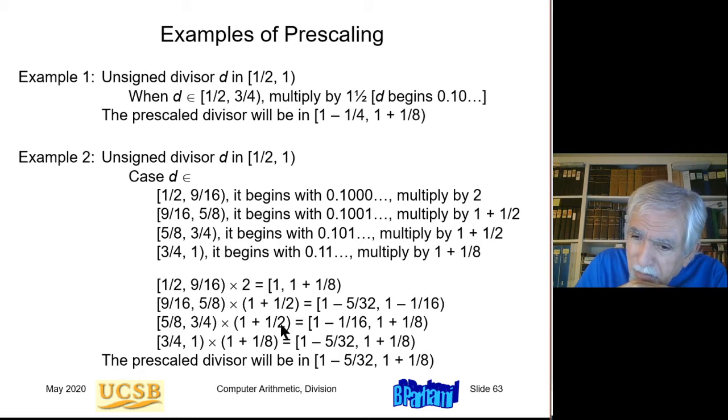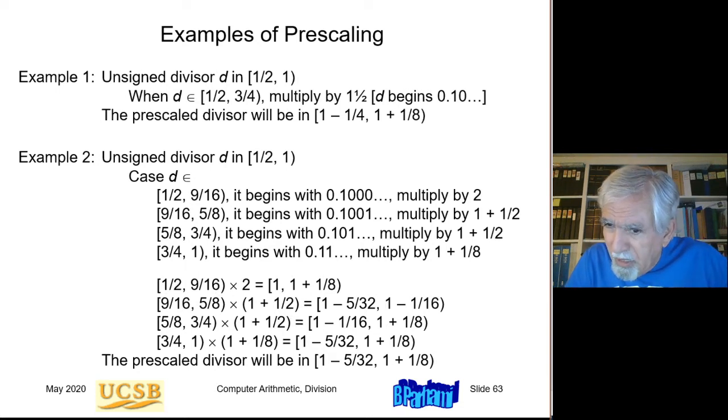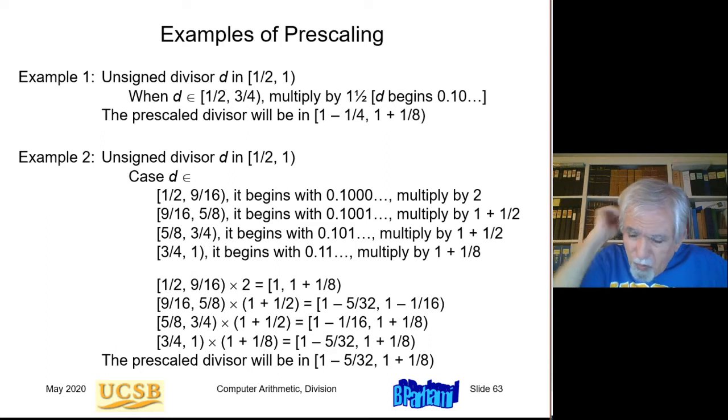As I mentioned, I can increase the number of these intervals because only one of these multiplications will be done. It's not like I'm doing all of these. Depending on where my divisor falls, one of these multiplications will be done. So scaling still involves one shift and add for the divisor and one shift and add for the dividend.